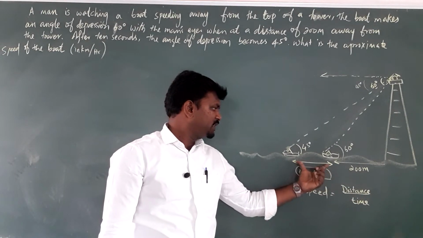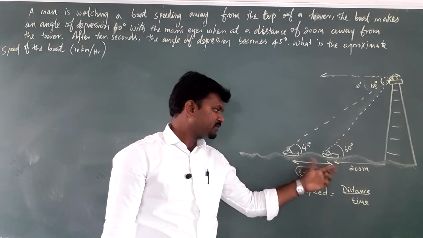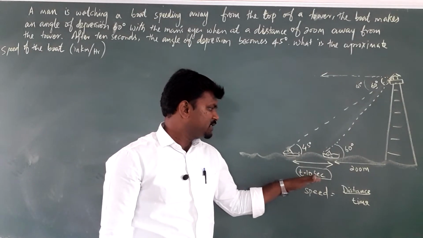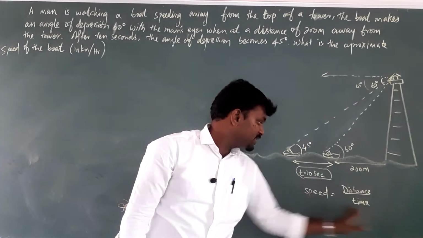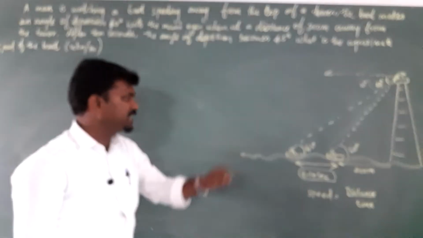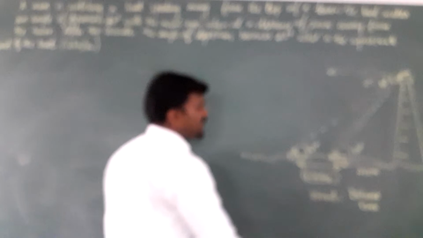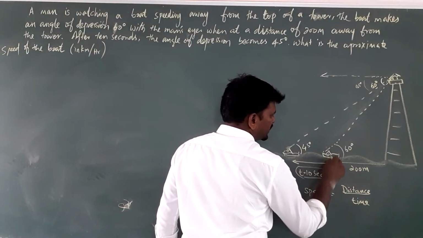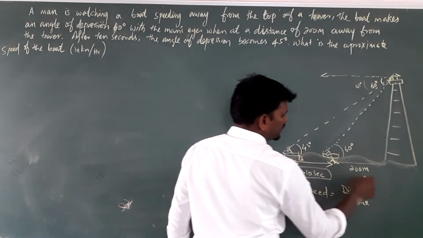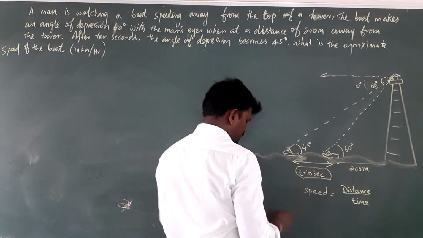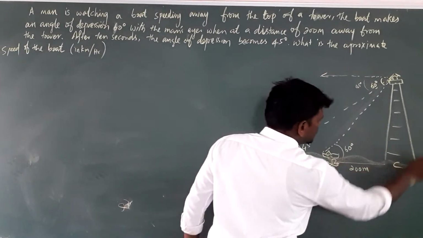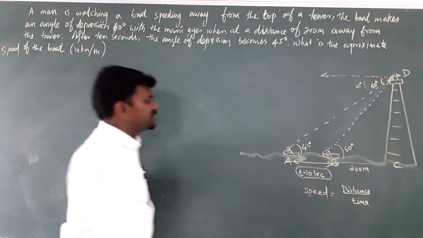So if you find this distance, we can find the speed of the boat. Okay, let us find the distance. Okay, we will give the names. A, B, C and D.